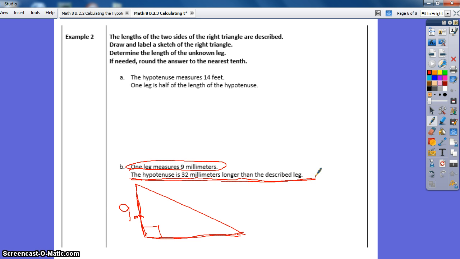It's not 32, it is 32 longer than this leg, so you add those together and get 41 millimeters. Let's label it. Well, we know 41 is what letter? The C. What do you want 9 to be, A or B? A. All right, come up with your answer.